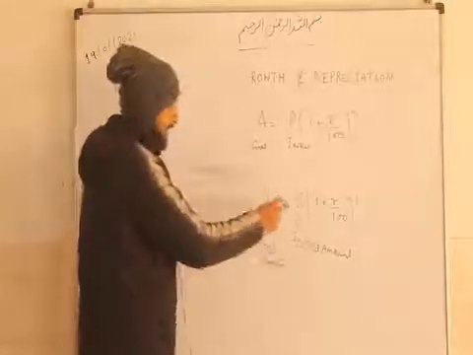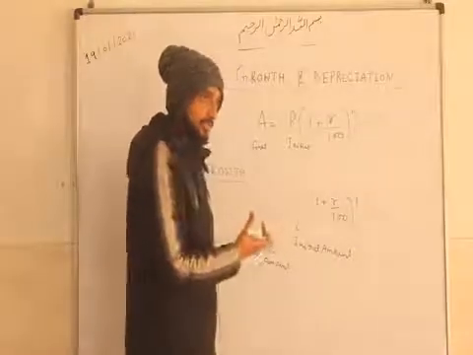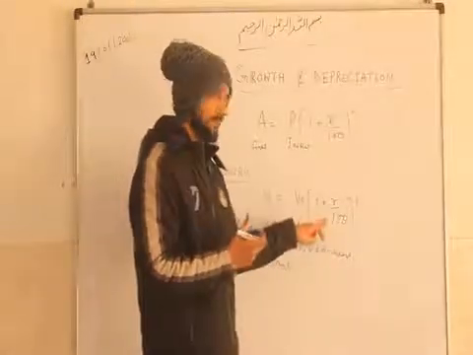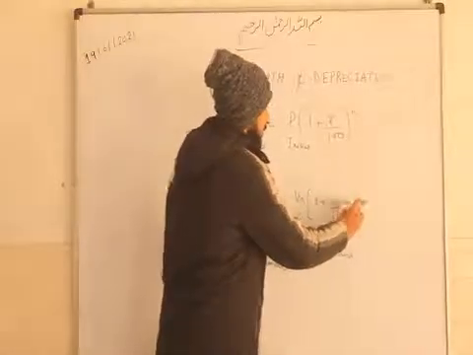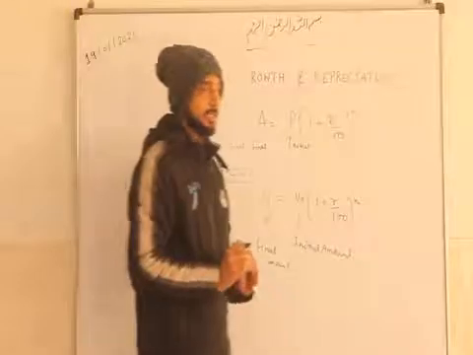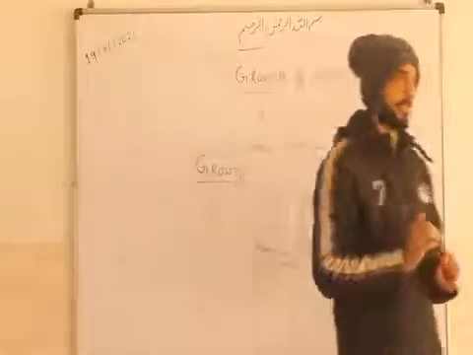T is the time, or we can say N or T, we can denote the time period by this, and R is the rate of interest, which is constant.